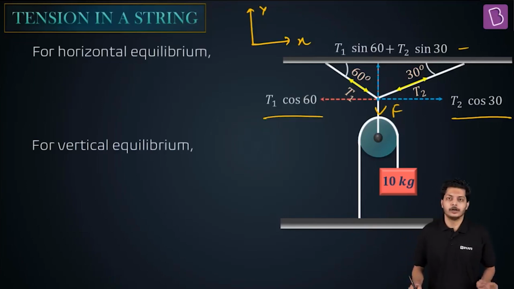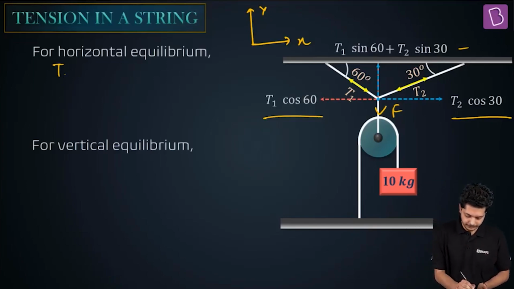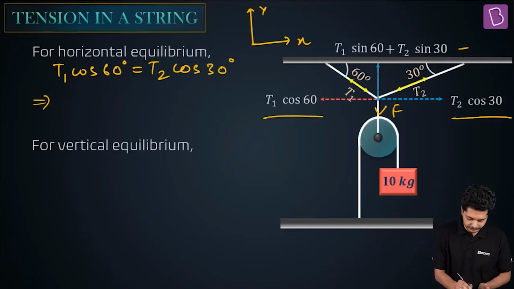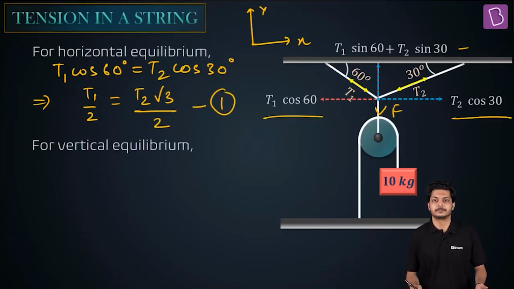First of all, horizontal equilibrium. In the horizontal direction, T1 cos 60 degrees is equal to T2 cos 30 degrees. Cos 60 is 1 by 2, so T1 by 2 is equal to T2 root 3 by 2. This is the first equation.